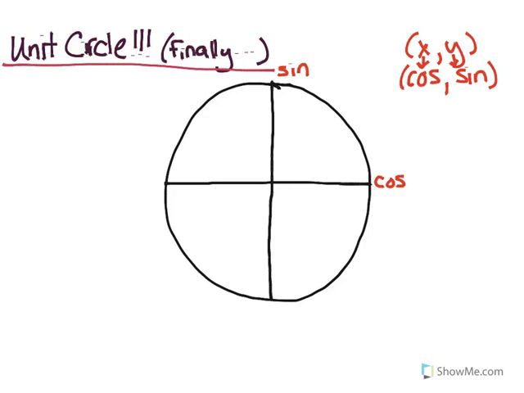We also need to know that in the unit circle, we are dealing with a radius of 1 unit, always. It could be 1 inch, 1 foot, 1 meter, 1 centimeter, however big you want it to be, but it must be 1 unit of that measurement. If that radius changes, this unit circle doesn't work anymore. So it must have a radius of 1.